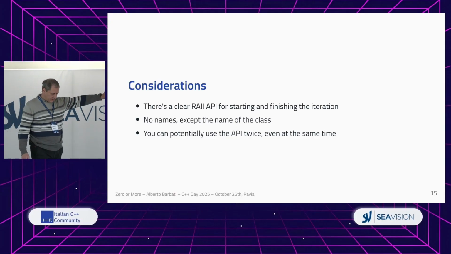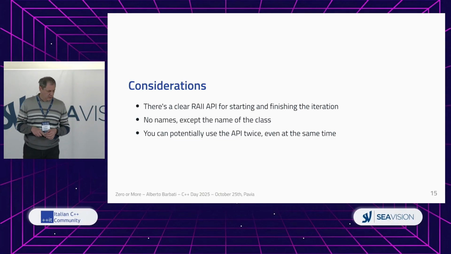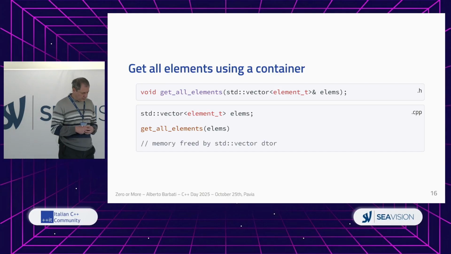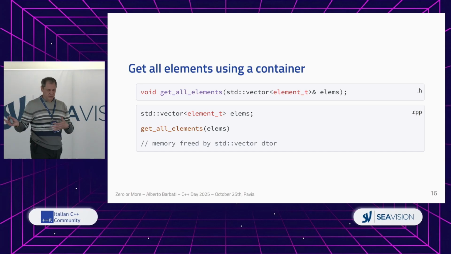Okay, so let's leave aside the get container in the buffer, because that actually hasn't changed in C++. But we have very good news about get all elements, because now we have containers, we have std vector from the library.